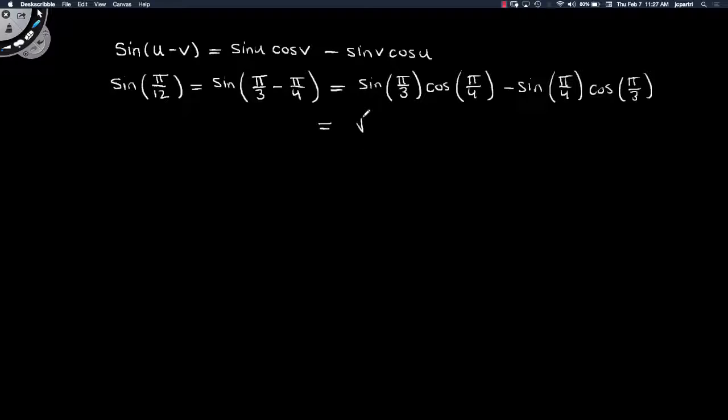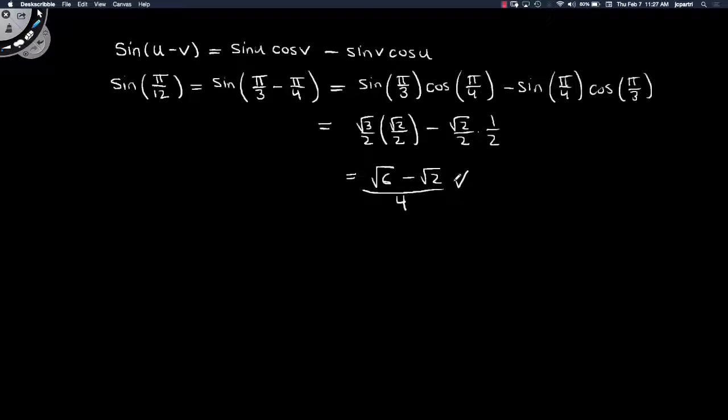And that's equal to the square root of 3 over 2 times the square root of 2 over 2 minus the square root of 2 over 2 times 1/2, which turns out to be the square root of 6 minus the square root of 2 all over 4.